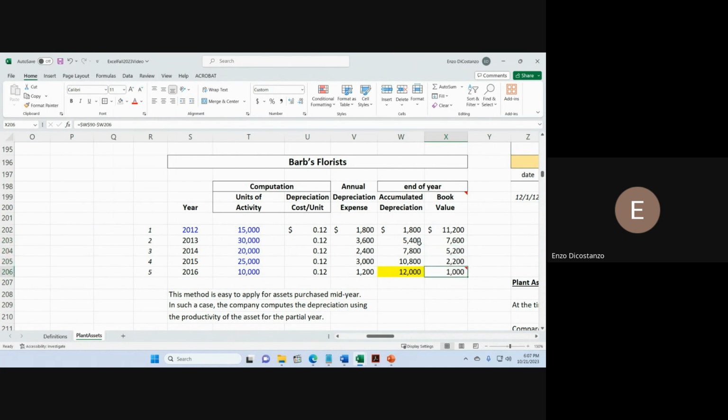Until you get to 1,000. Right there. That's how you get to 1,000. Your salvage is that.